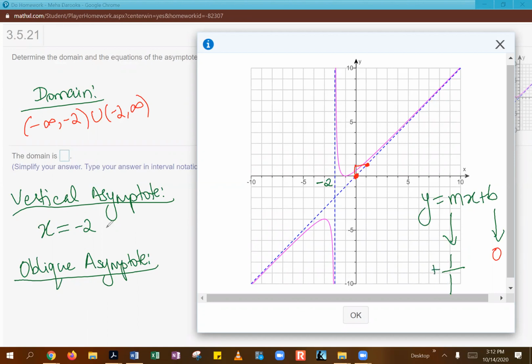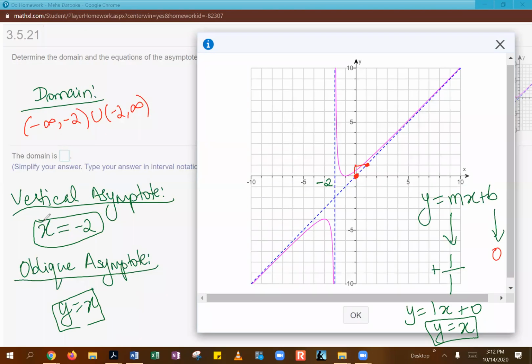So just putting it all together, you would end up with y equals 1 times x plus 0, which will basically just come out to be y equals x. So y equals x is going to be your equation for the oblique asymptote, and then x equals -2 is for our vertical asymptote. And if this is something you need to review, then remember in chapter 1, you do have examples on this that you can go back and take a look at.